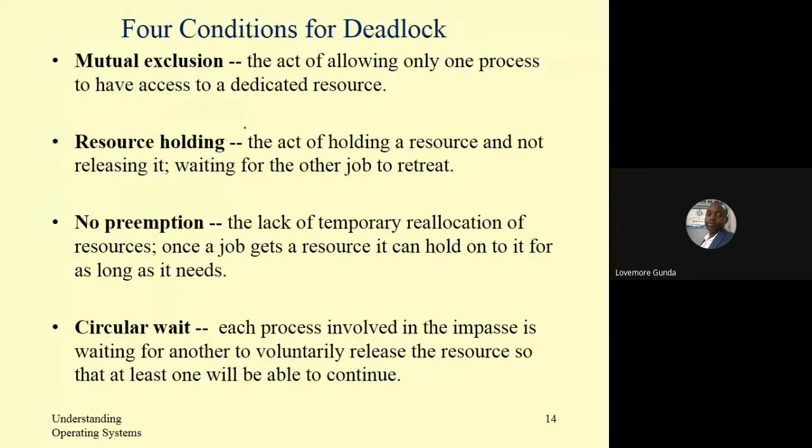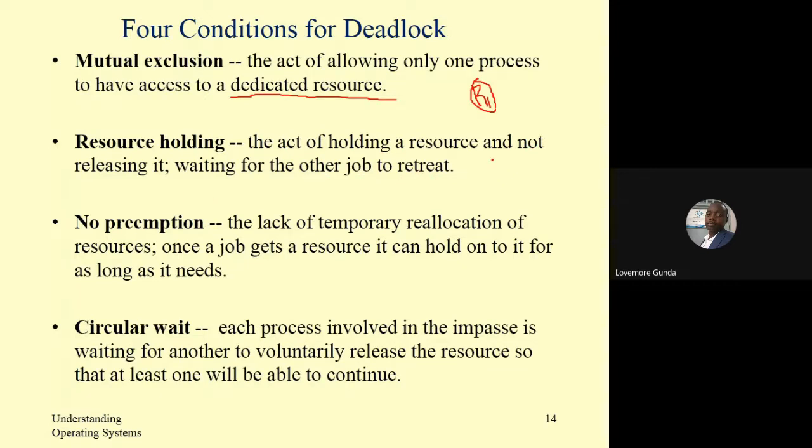Mutual exclusion, we are allowing only one process to have access to a dedicated resource. That means if only one process can get access to the dedicated resource, then any other process which needs it will not be able to access it. Then resource holding, the act of holding a resource and not releasing it, waiting for other jobs to retreat.